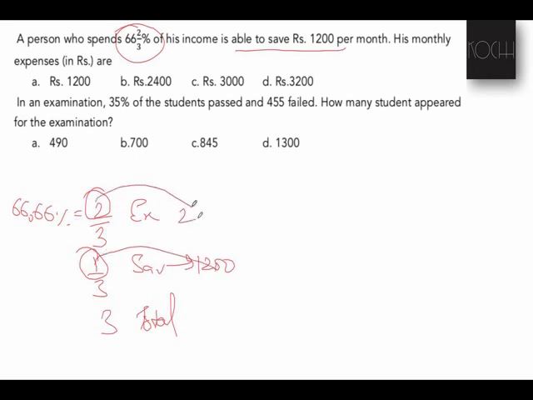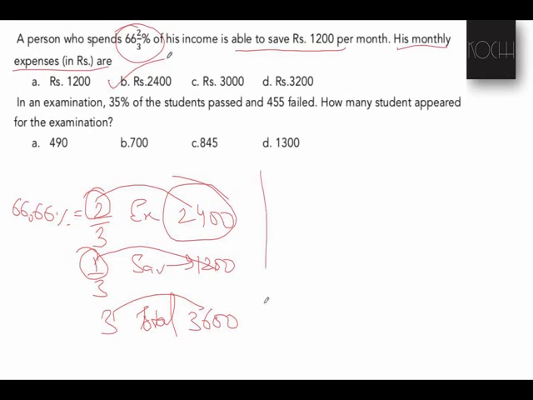If one part is 1200, two parts will be 2400. Three parts will be 12 into 3, 3600. What is the last statement? Always read the last statement before answering or marking the question. The question says his monthly expenses are in rupees. So expenses are 2400. So option B is correct.